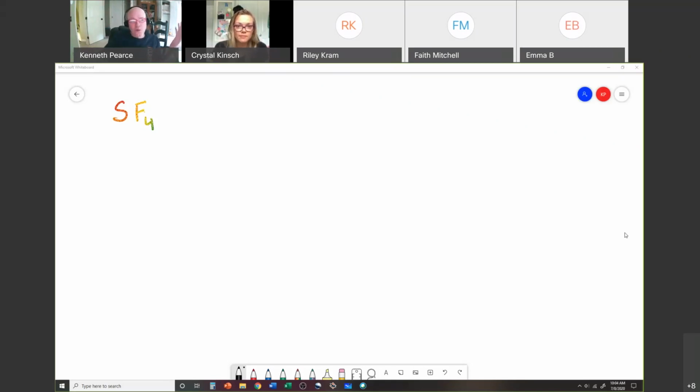One of the first things we need to be able to do is name it. So we have sulfur, tetra, which means 4, fluoride: sulfur tetrafluoride. Okay, so we can name this. This is one of our skills. And we can look at the individual bonds, the SF part.